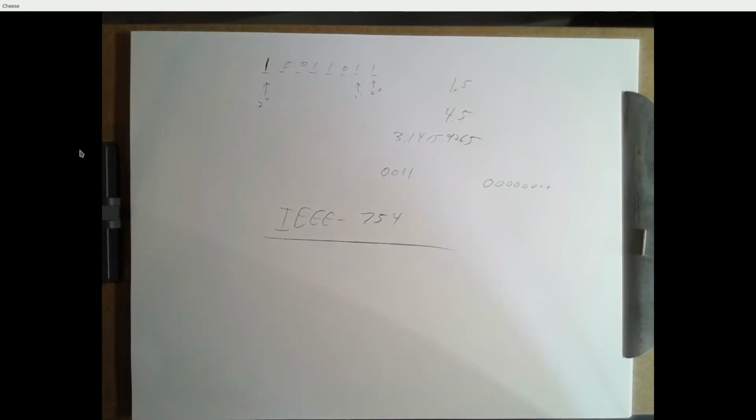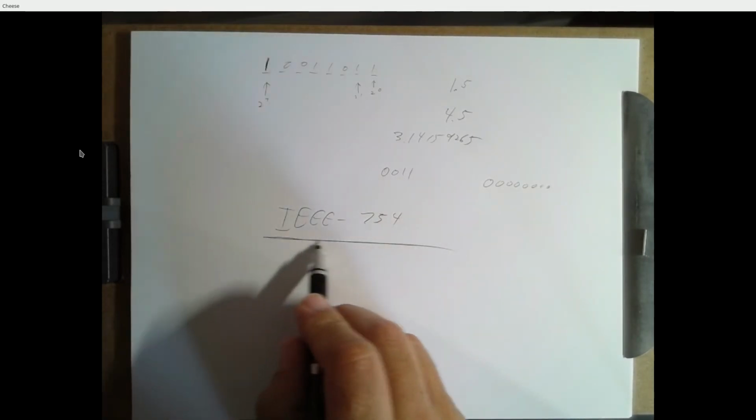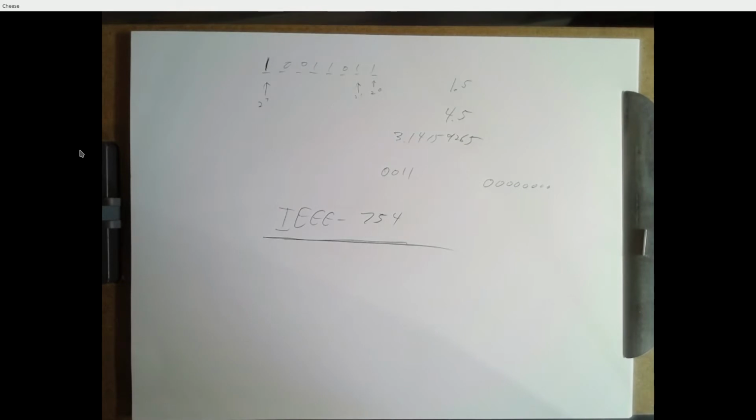But if I've got some data and you want to process it, and I send you my data, and it's coded with a different representation from how you code things, you're not going to be able to use it, or you're going to have to come up with a conversion algorithm, right? So there's a standard that we use now to store these real numbers, these floating point numbers, and it's called IEEE 754.